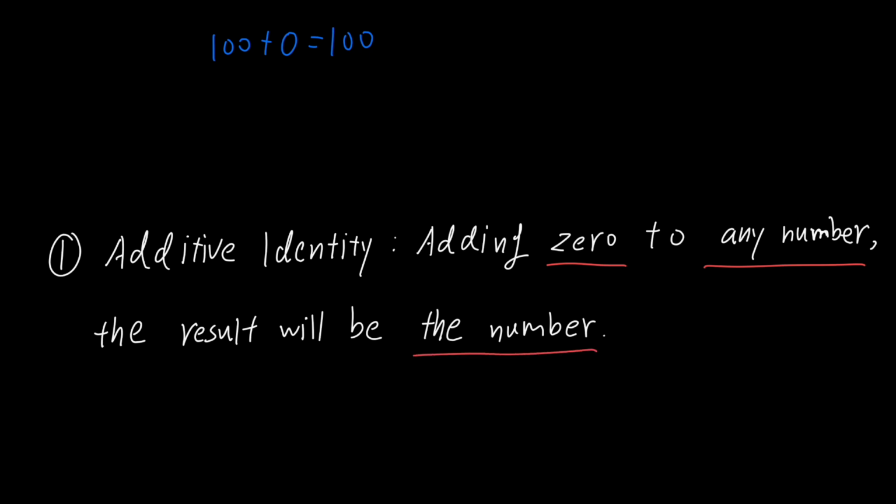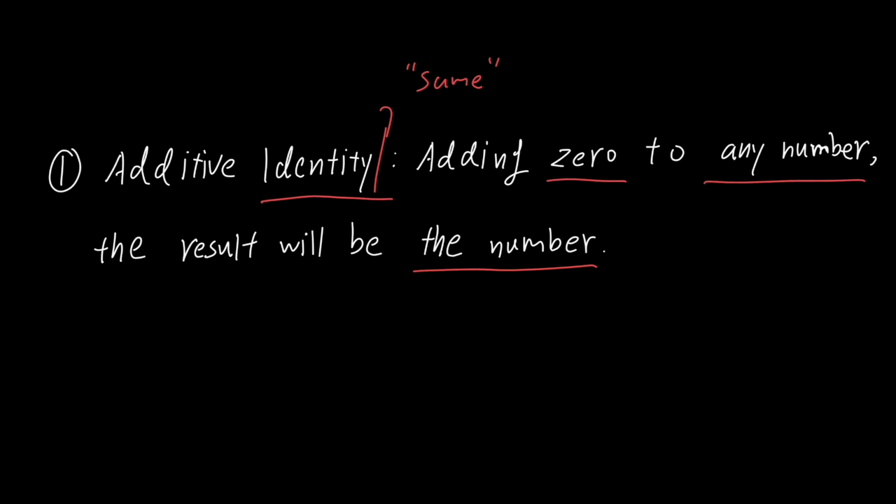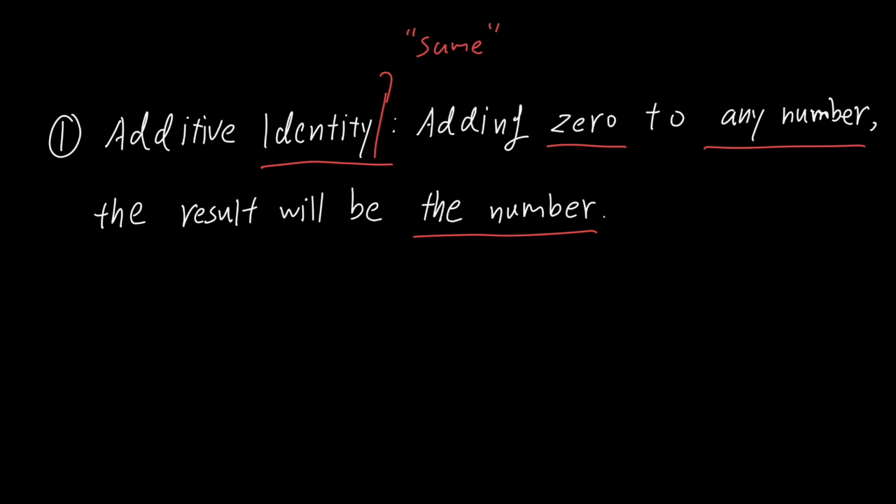And one thing I want to point out is identity means same. And let's say I want to use variable a to represent any number, and I want to write a general form for this rule.